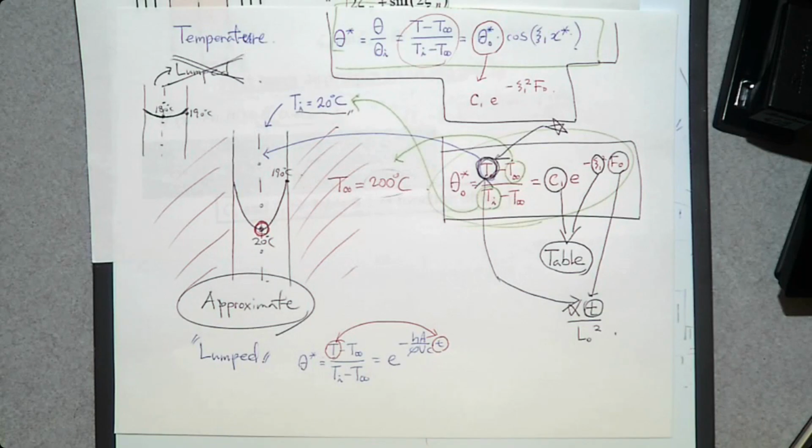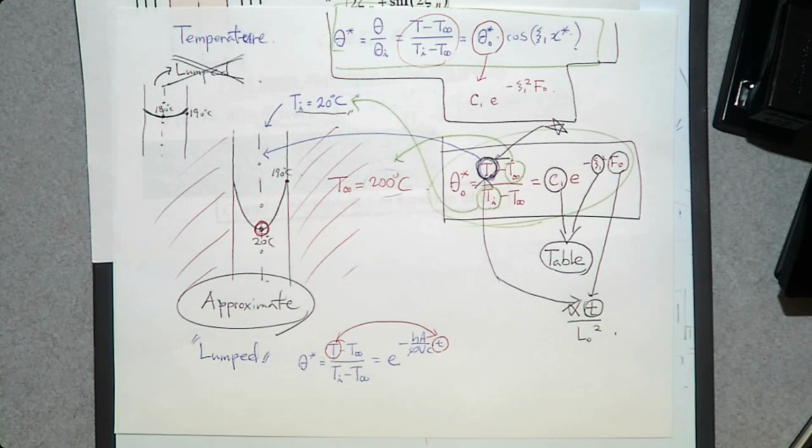So whenever you have a transient heat conduction problem, the main key question is going to be, what is going to be the temperature of the system at time t? Because temperature is a function of time. So if it is a lumped system, you use this equation to determine the temperature of the solid at time t.